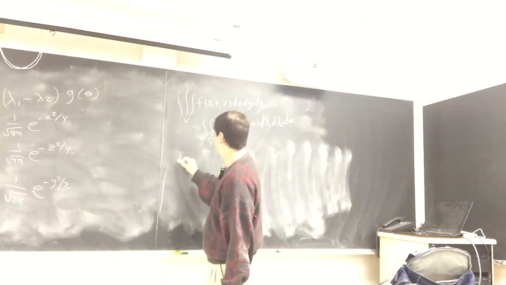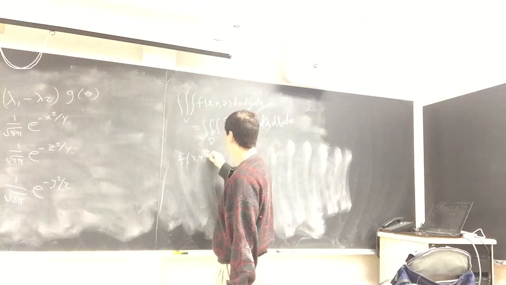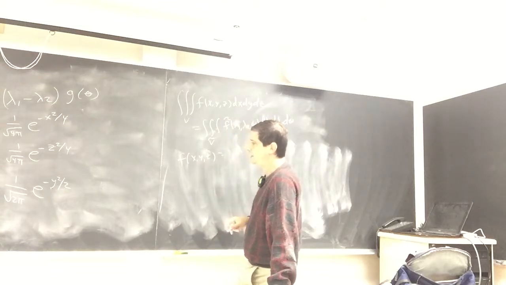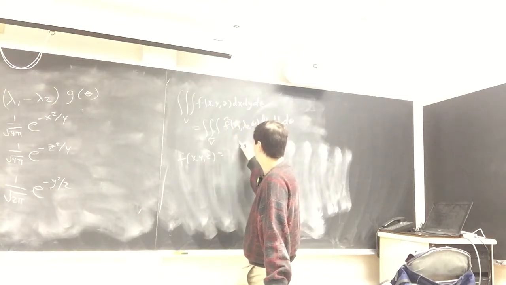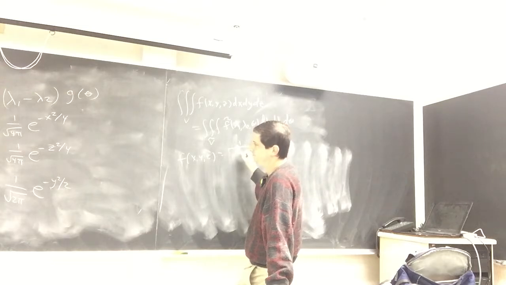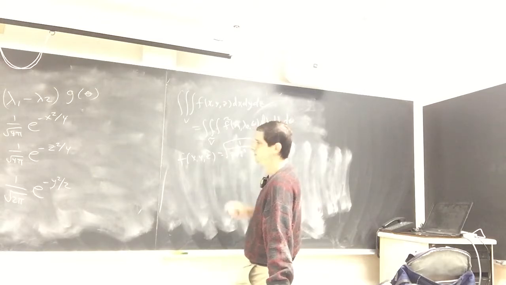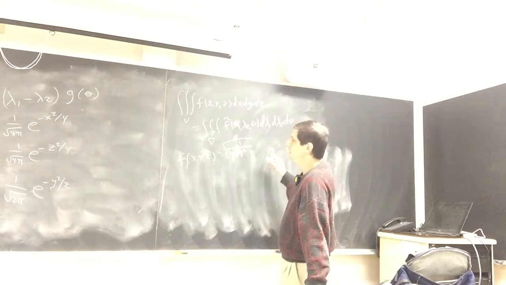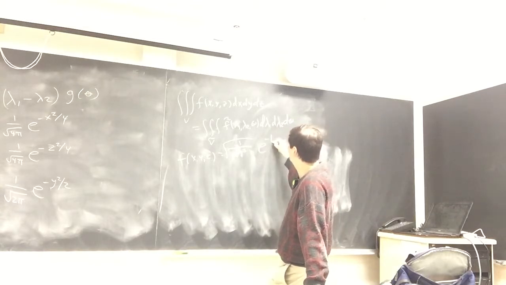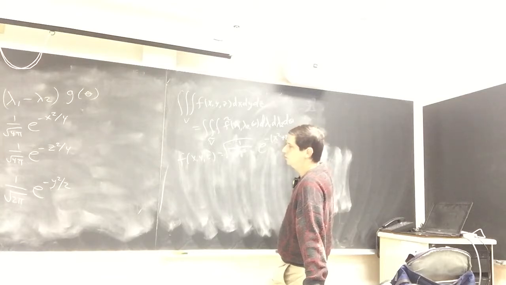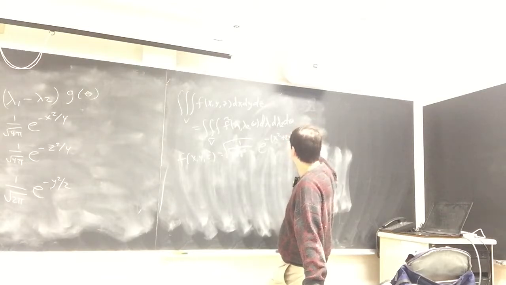So f of x, y, z is 1 over the square root of 32 pi cubed. That's our constants. And then we'll have e to the negative x squared plus 2y squared plus z squared over 4.